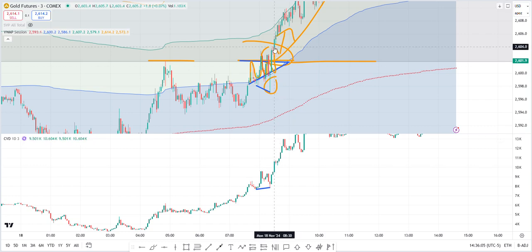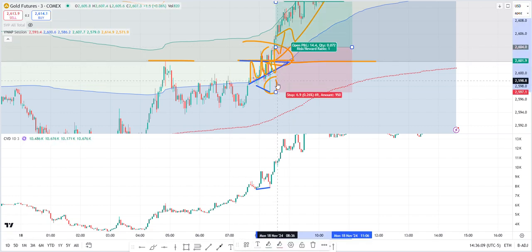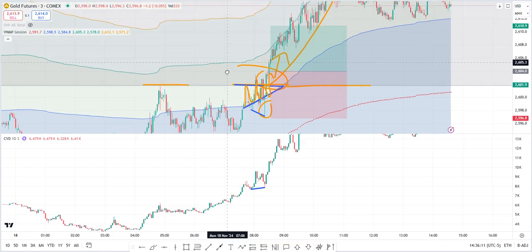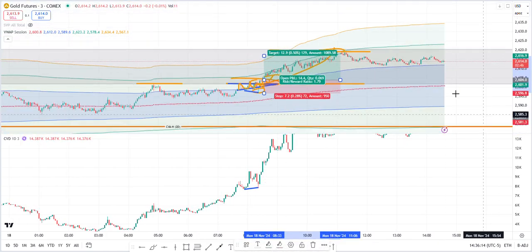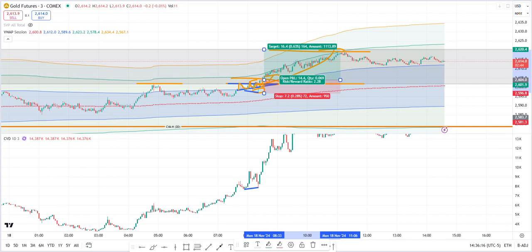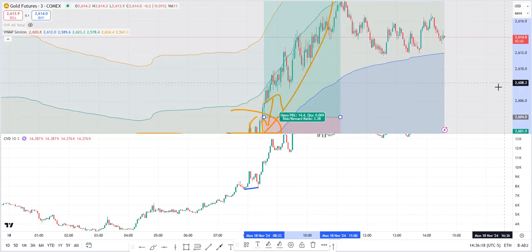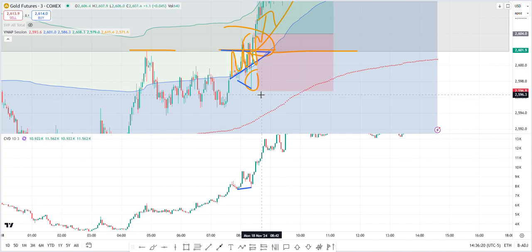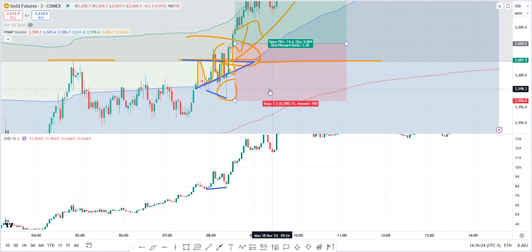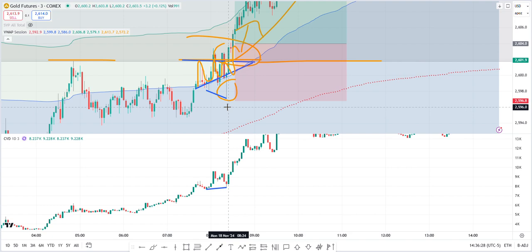So right here, you could have a long entry, stop below this low, that's super safe. And then target up here 1 to 2.5. But if you want to be slightly more aggressive, you could have your stop below, which candle is some divergence.